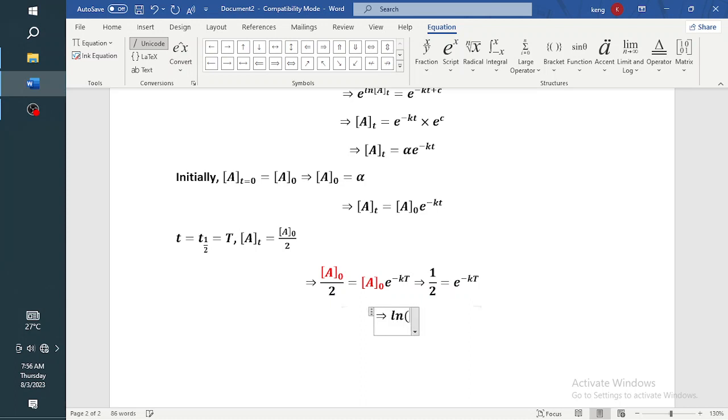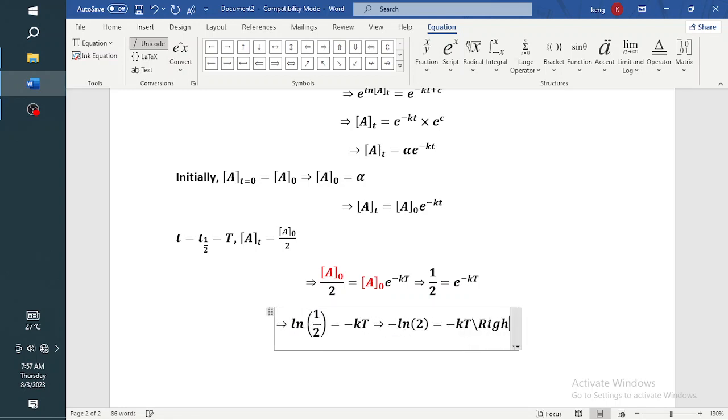We have ln of half equal to, if I take the ln of e to the negative kt, I just get negative kt. The ln of half is the same as the ln of 2 to the negative 1, which is the same as negative the ln of 2. So I have negative the ln of 2 is equal to negative kt.